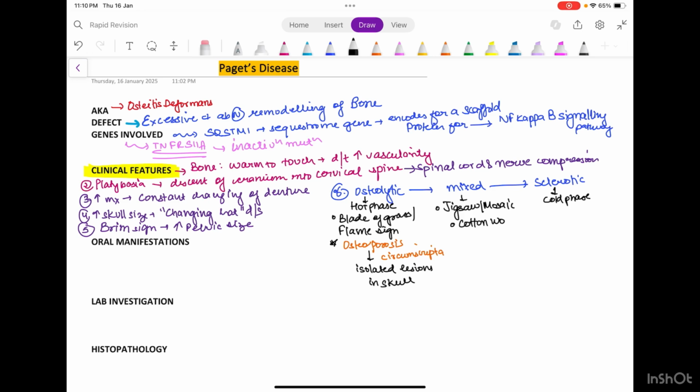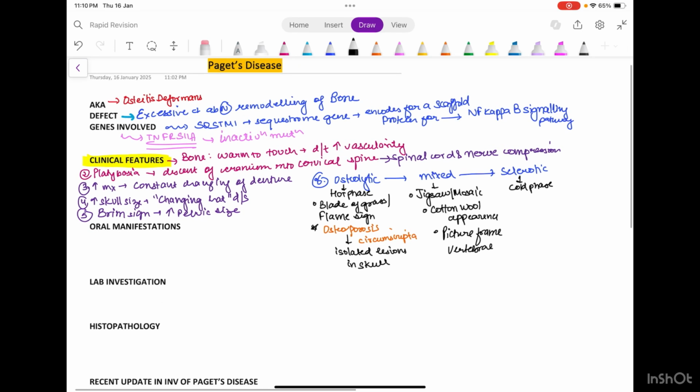We will see cotton wool appearance and picture frame vertebrae. In cold phase, you will see tam o'shanter deformity, which is widening of cranium.